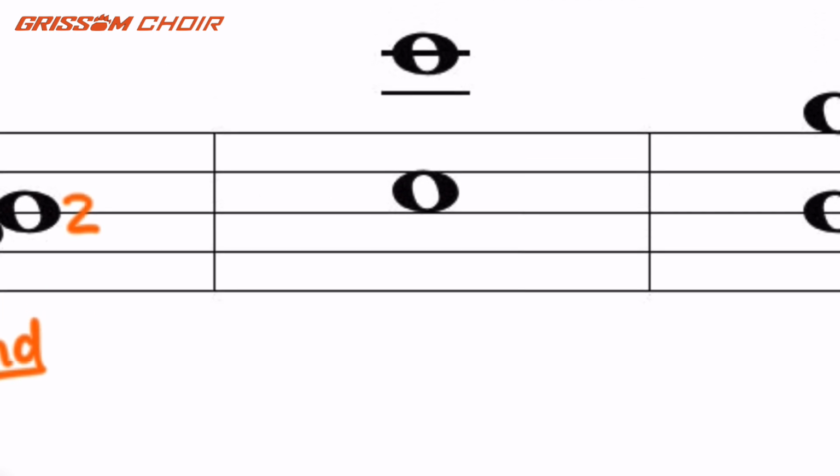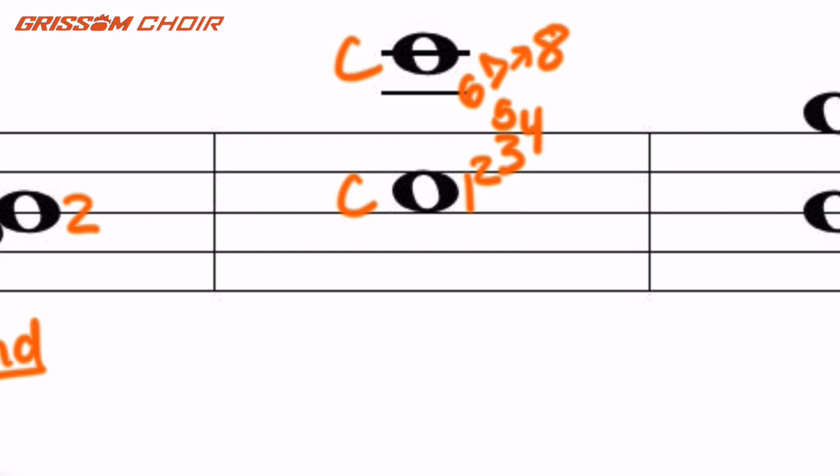Going on to this next exercise, we would count this note as 1, 2, 3, 4. This space above the top line would be 5. This first ledger line 6. This space above the ledger line 7, which means that this interval from a C up to a C, going up to the very next note, would be an eighth.